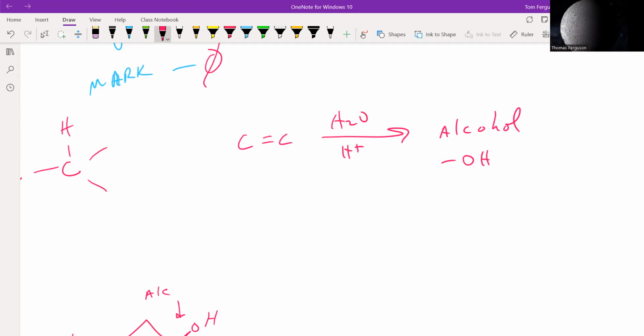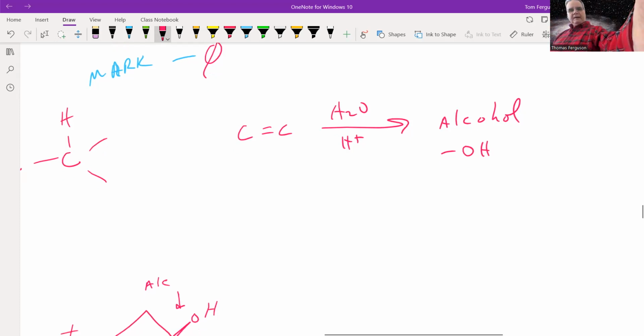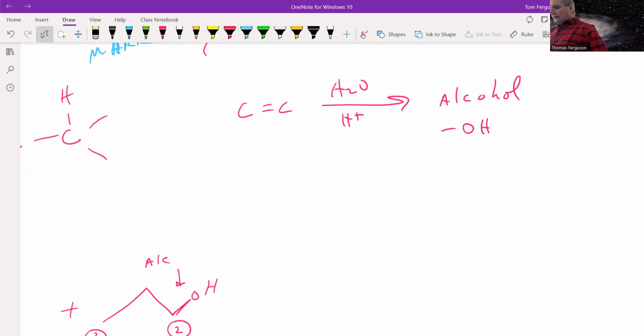So we're starting to get into the reactions of our subunit number 3 by adding water. So let's do an example adding water. The reactants, conditions are water and acid, products are an alcohol.